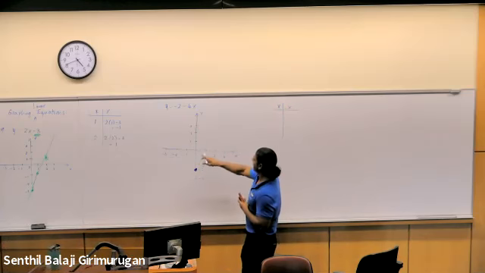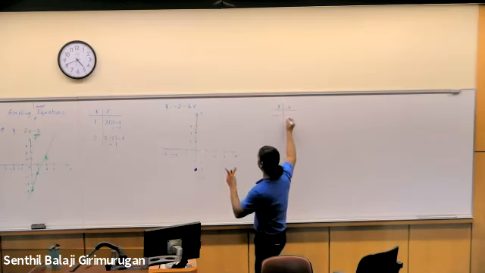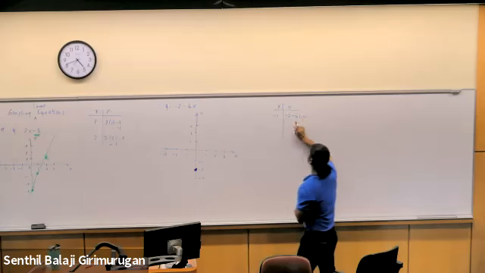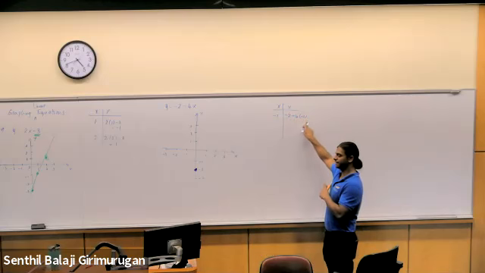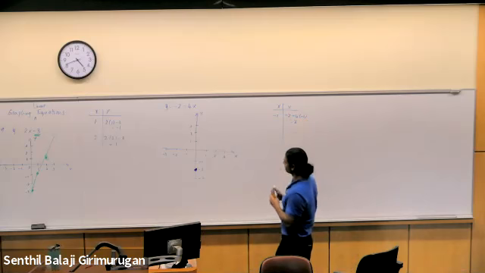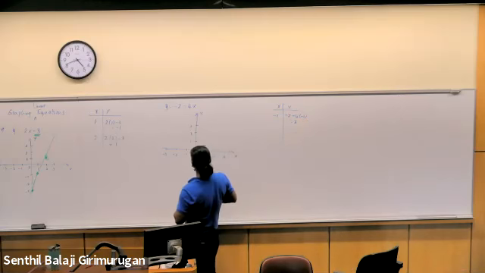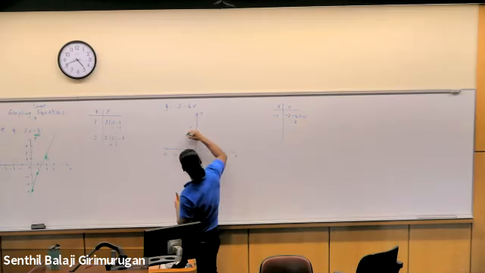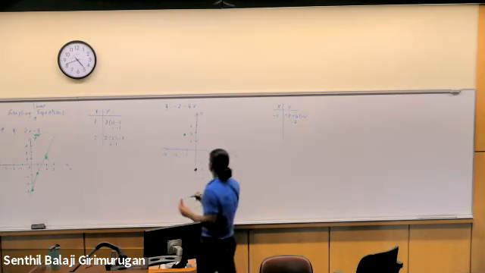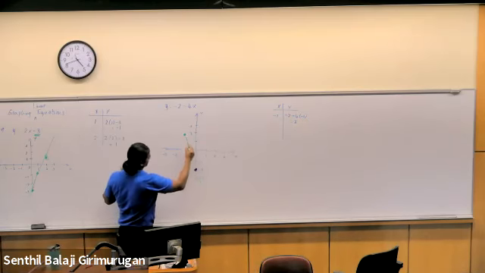So if I pick -1, I will have -2 minus 4 times -1. -4 times -1 is positive 4, 4 minus 2 is 2. I just have to connect the dots and cheat.